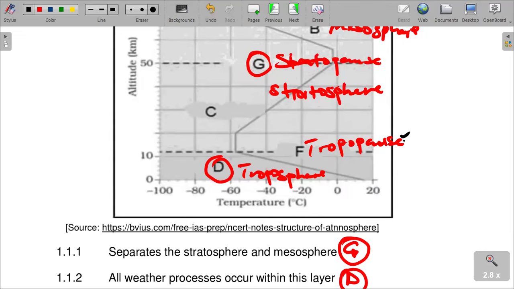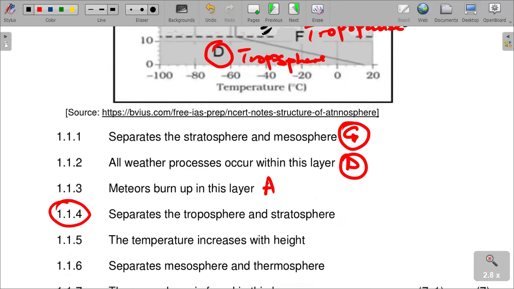The tropopause separates the troposphere from the stratosphere. It is separated by this broken line or broken boundary, which represents the tropopause, which is F. It is the tropopause that separates them.